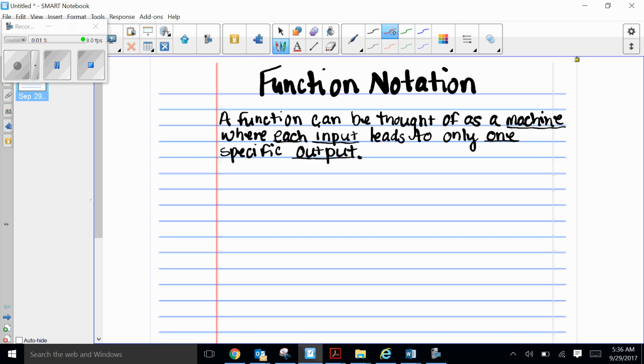Okay, so the key here is to be noticing, obviously, each input, one output.